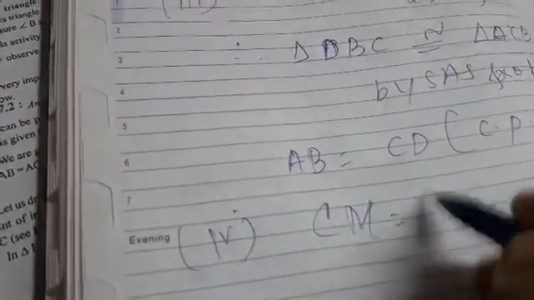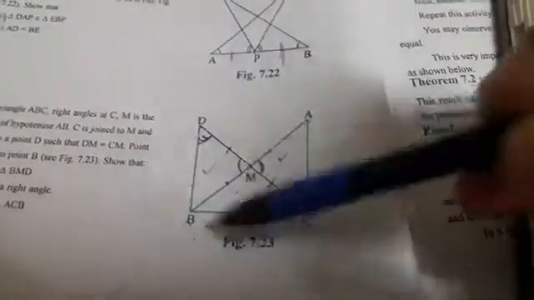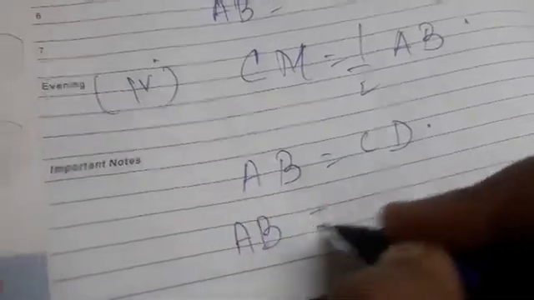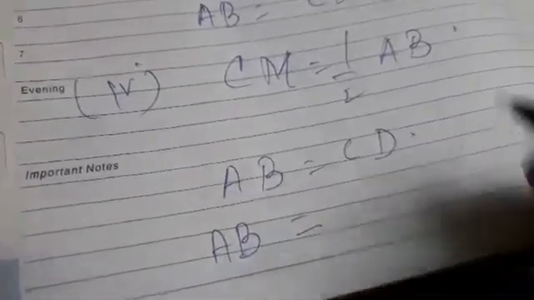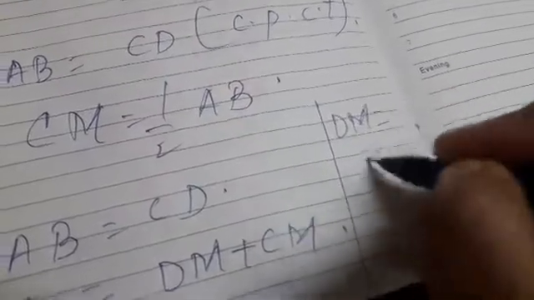Fourth, they are asking you to write CM is half of AB. Where is CM? This is CM. CM is half of AB. Now you know that AB is equal to CD. Just now we have proved AB is equal to CD. What is CD? CD is equal to DM plus CM. Now it was given before that DM is equal to CM.